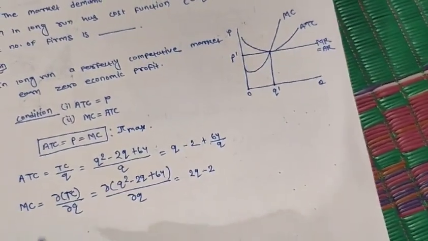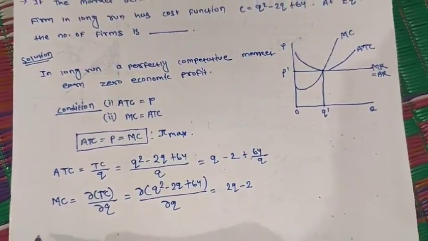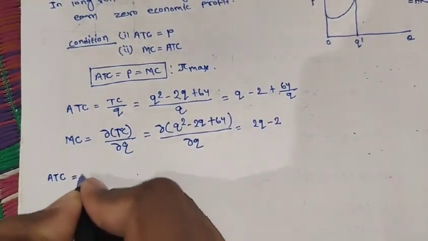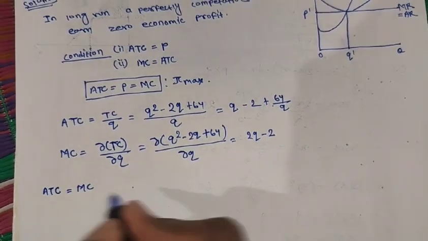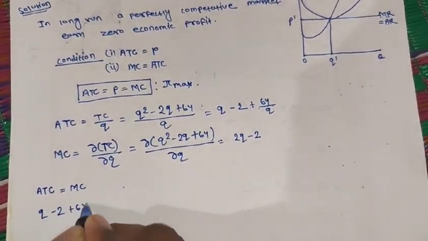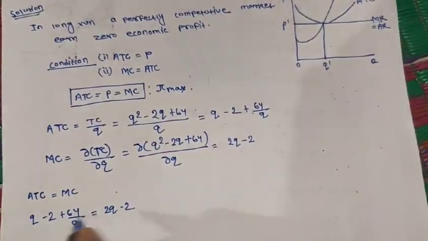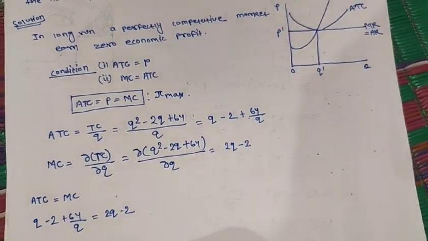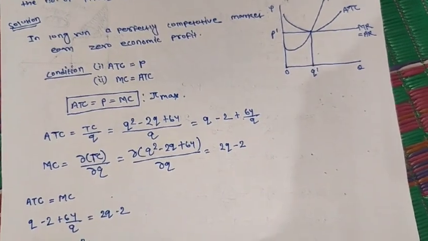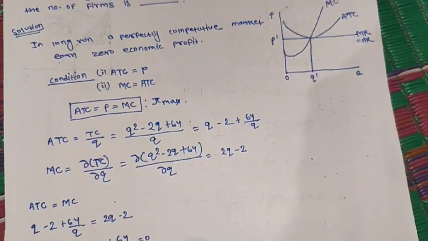Now at equilibrium, average total cost should be equal to marginal cost. Now we have to equate it. Q minus 2 plus 64 upon Q should be equal to 2Q minus 2. Now bring this to this side: Q minus 2Q minus 2 plus 2 plus 64 upon Q equal to 0.